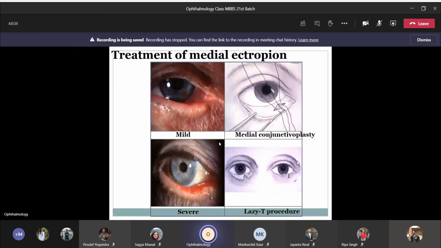Treatment. So this is a mild medial ectropion. Ectropion is present only in the medial side of the eyelid. In such condition, medial conjunctivoplasty is done. And in case of severe type of medial ectropion, lazy-T procedure is done.